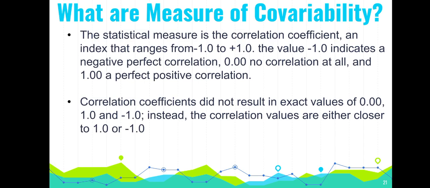The correlation coefficient does not usually result in exact values of 0.0, 1.0, or negative 1.0. Instead, the correlation values are closer to 1.0 or negative 1.0.